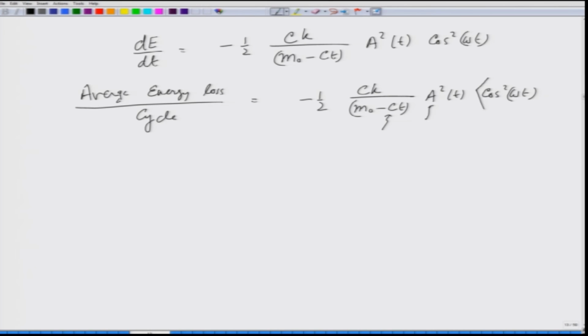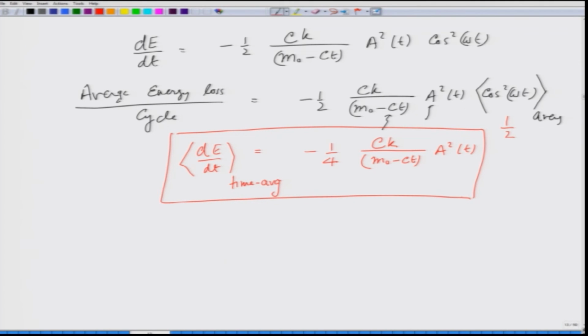So, I will take time average of this quantity only. And what is the average of this quantity? This is 1/2 over a period. So, average energy loss per cycle is minus a quarter c k over m naught minus c t A square t. That is dE dt time average. These angular brackets represent time average.